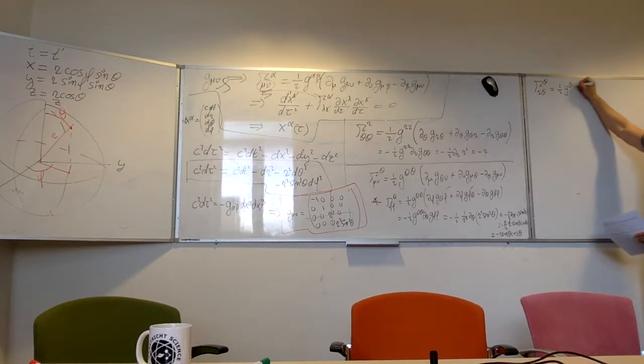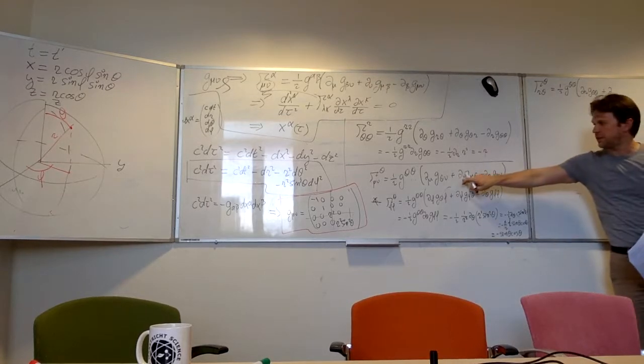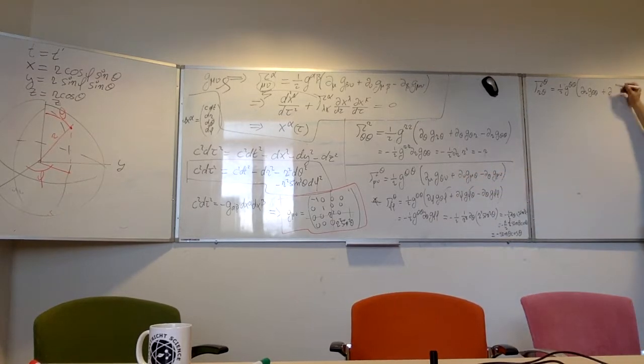Minus 1/2 g theta theta, then the first term becomes d r g theta theta, by construction, we chose it this way, plus then the second term, this is theta, g r theta, it's going to be 0, d theta g r theta. So we've chosen mu and nu such that this one survives.